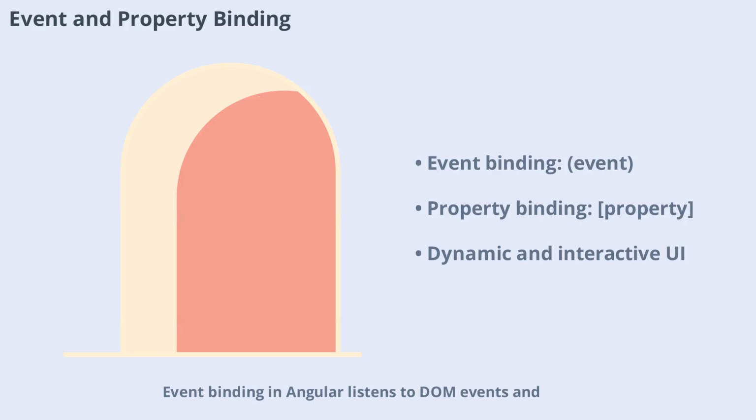Event binding in Angular listens to DOM events and responds to user actions like clicks or key presses. The syntax is (event)="handler". Property binding sets DOM element properties dynamically using component data with the syntax [property]="expression".